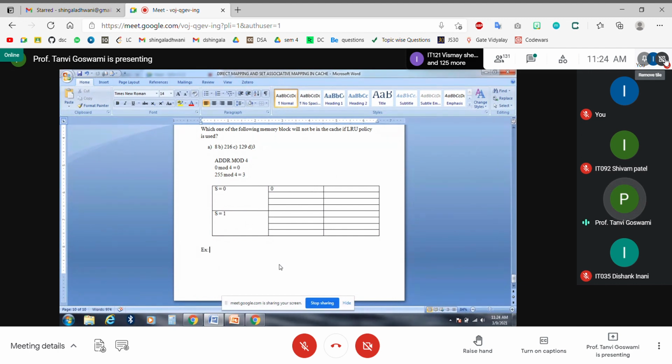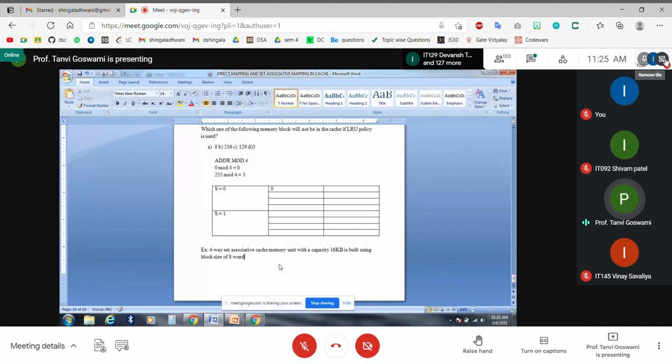So we are having a four-way set associative cache memory unit. The capacity is 16 KB, and it is built using a block size of 8 words.